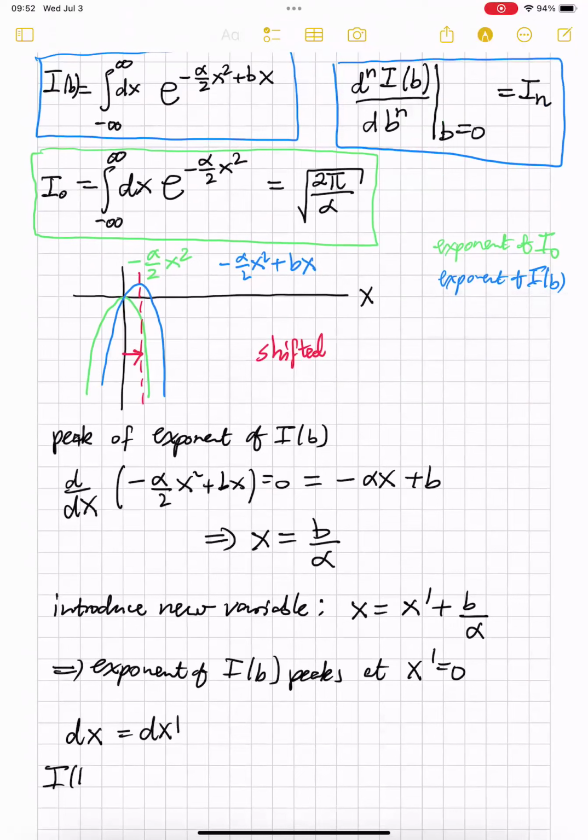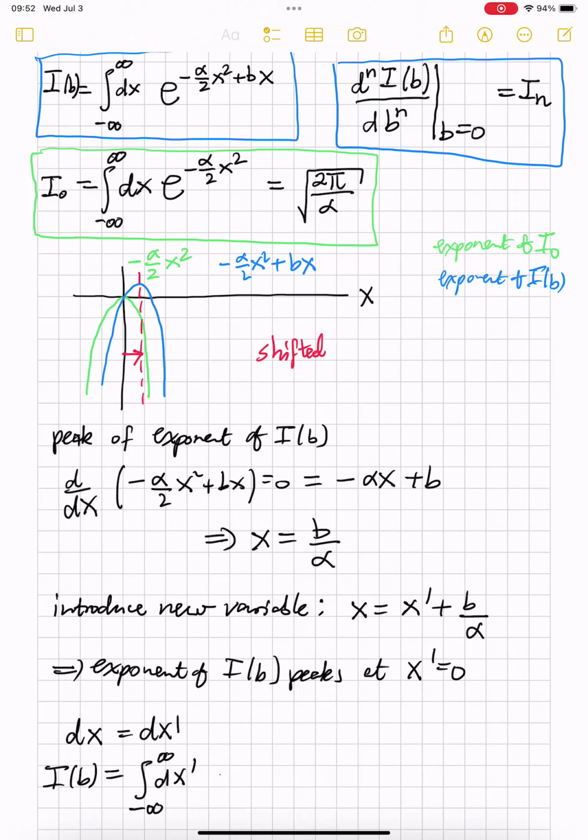Well, I of b will be equal to an integral dx prime from minus infinity to infinity. Good. So why do we run from minus infinity to infinity? Well, when x is infinity, x prime is infinity, and when x is minus infinity, x prime is minus infinity. Good.